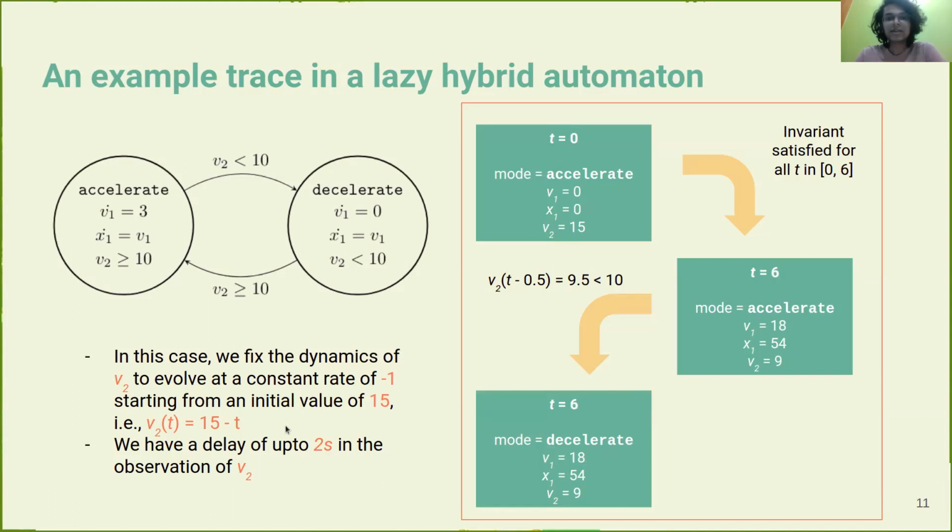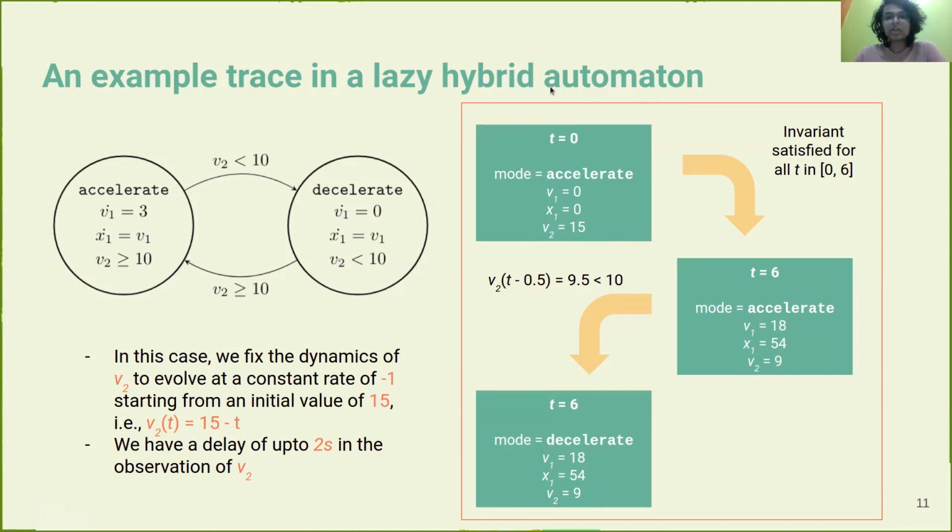That is, at time t equals 0, the value of V2 is 15, and it reduces at a constant rate of -1. So at time t, the velocity V2 would be given by 15 minus t. And initially, the velocity and position of the orange car, the car we are trying to control, are both 0. And initially, we are in the mode accelerate.